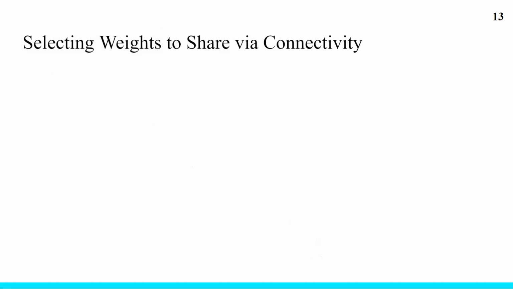That outlines how we might use information flow to improve the selection of the subset of weights that you want to share with the new task. To take a step back, the question we're trying to ask is whether you can use this measure of connectivity or information flow to select the optimal subset of weights for weight sharing.